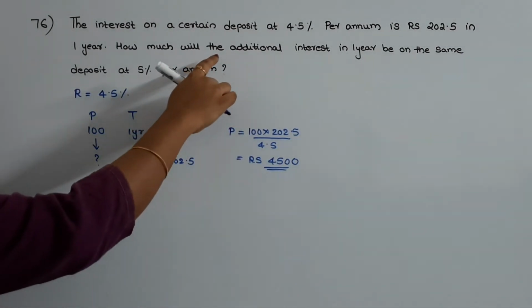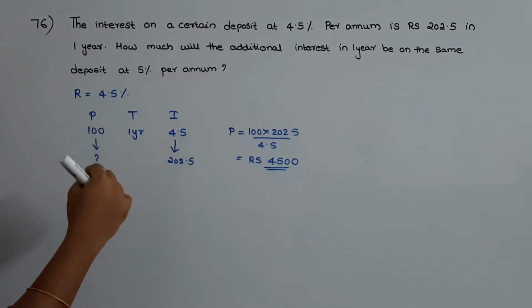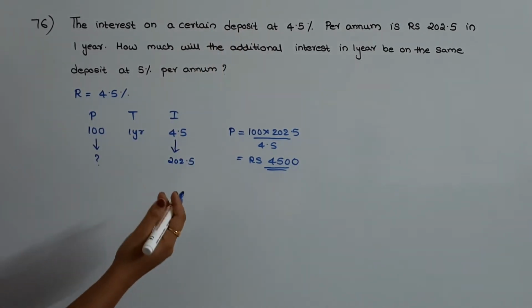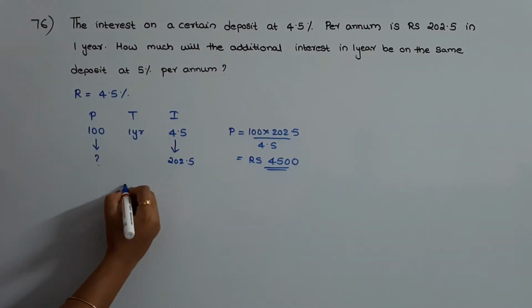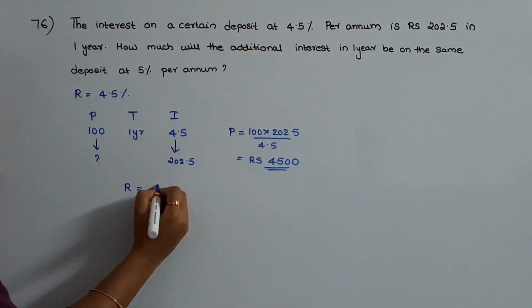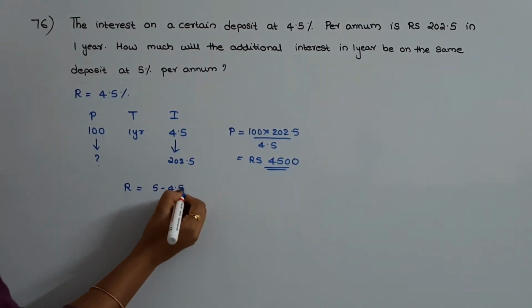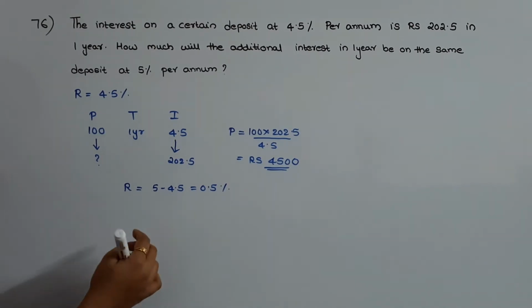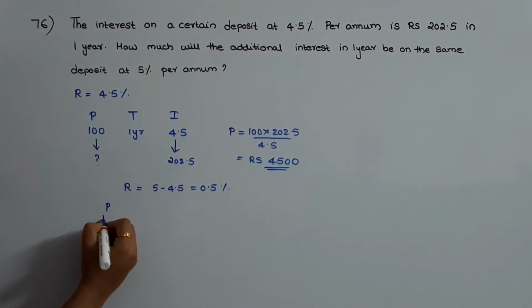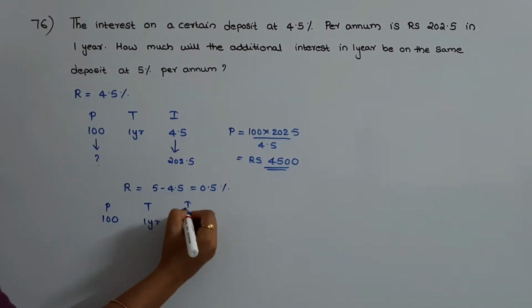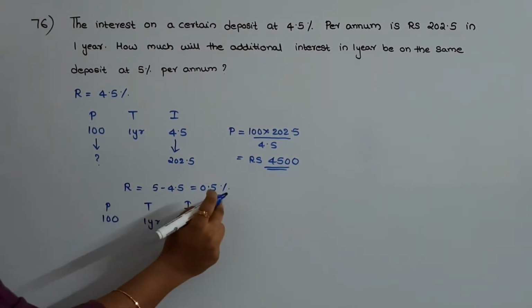Now we need to find out the additional interest or the difference in the interest. So first we need to find out what is the difference in the rate of interest. So difference in the rate of interest is this 5 minus 4.5. That will be equal to 0.5%. So from this we can write when the principal is 100, time period is 1 year, difference in interest is equal to difference in rate of interest.